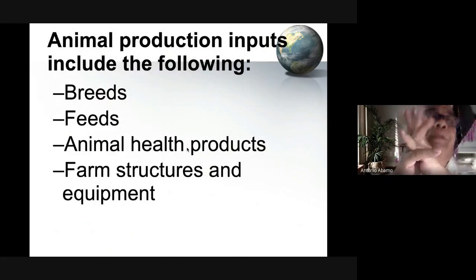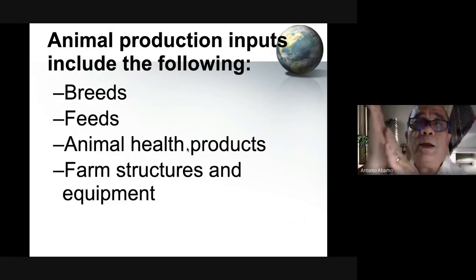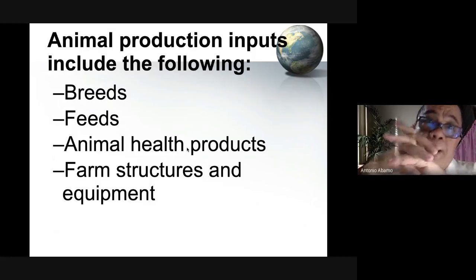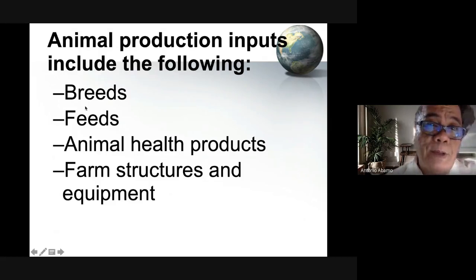So crops and livestock, these are used for production of processed meat products. We also have animal production inputs. Also for agribusiness, you have breeds of animals, feeds, animal health products, and farm structures.